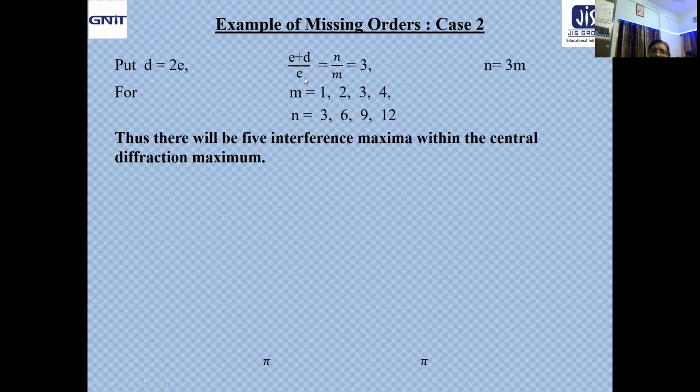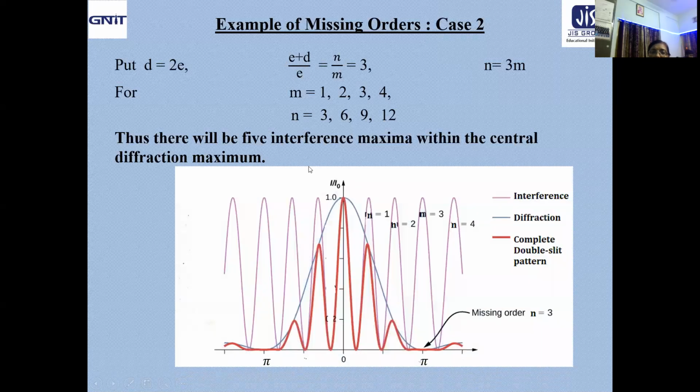E plus D by E equal to N by M. Now D equal to 2E, so N by M equal to 3. That means N equal to thrice M. That means for M equal to 1, 2, 3, 4, you will find N values as 3, 6, 9, 12. That means there will be 5 interference maxima within the central diffraction maxima.